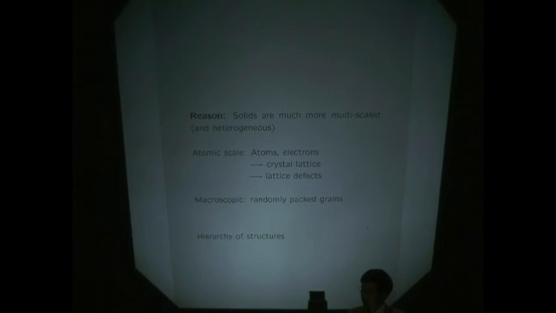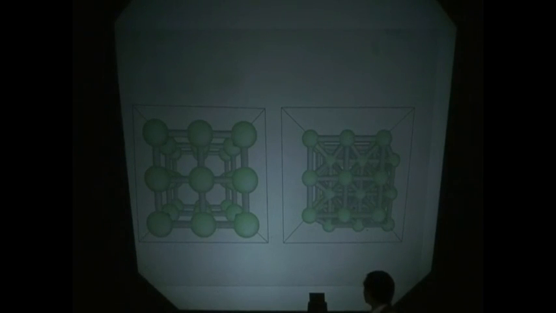First of all, solids at the smallest scale are crystals, and there are different crystal structures. Here I'm drawing rather simple crystals. This is a cubic crystal, and this is a body center cubic: you take a cube and you put an atom in the center of the cube.